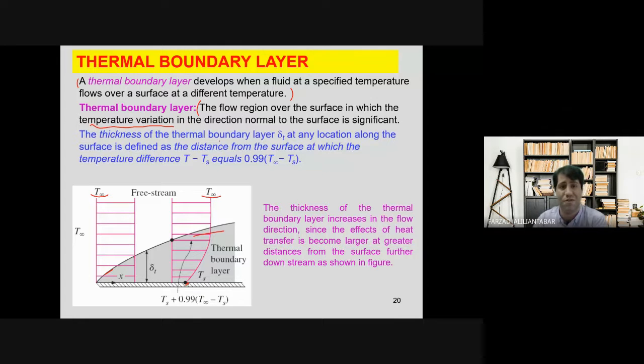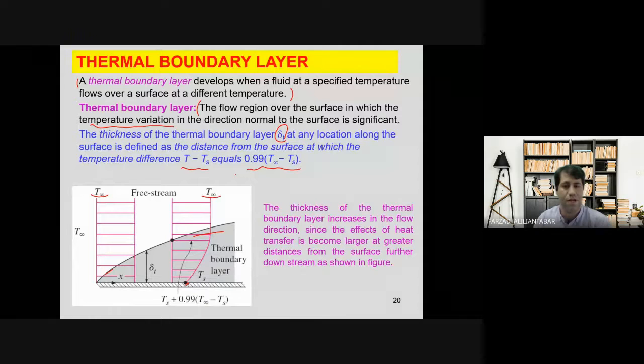The thickness of this thermal boundary layer, or delta T, at any location along the surface is defined as the distance from the surface at which the temperature difference, T minus Ts, equals 0.99 times T infinity minus Ts.